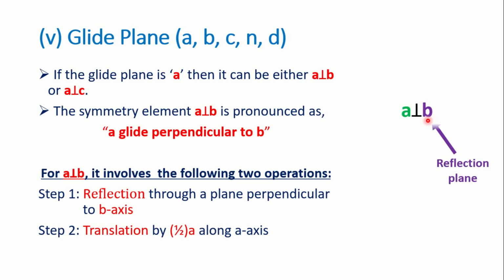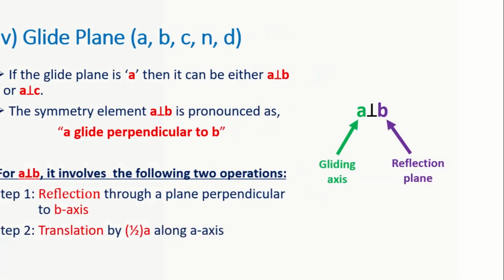So this is the reflection plane, and A axis is the gliding axis, because you have to glide along A axis by half unit, sometimes 1/4 unit, whatever is required. Okay, here for A glide perpendicular to B, you have to translate by half unit.